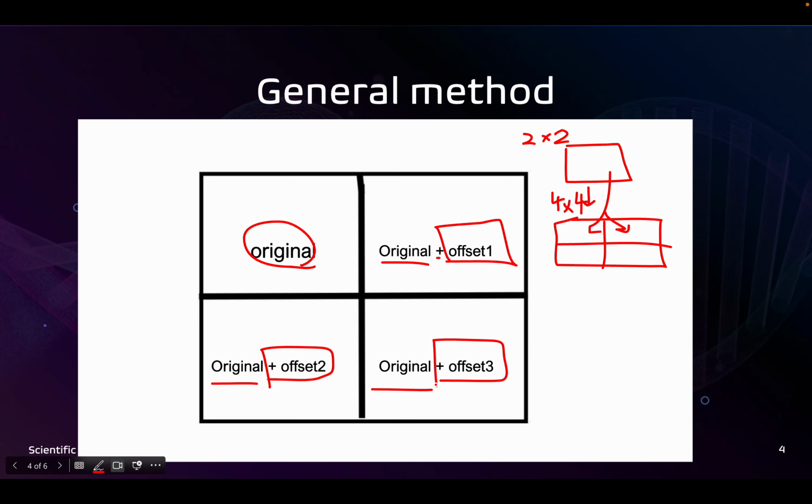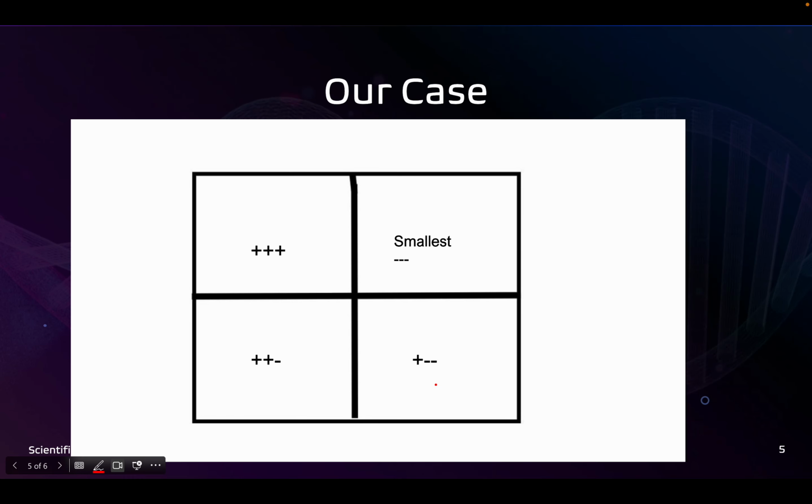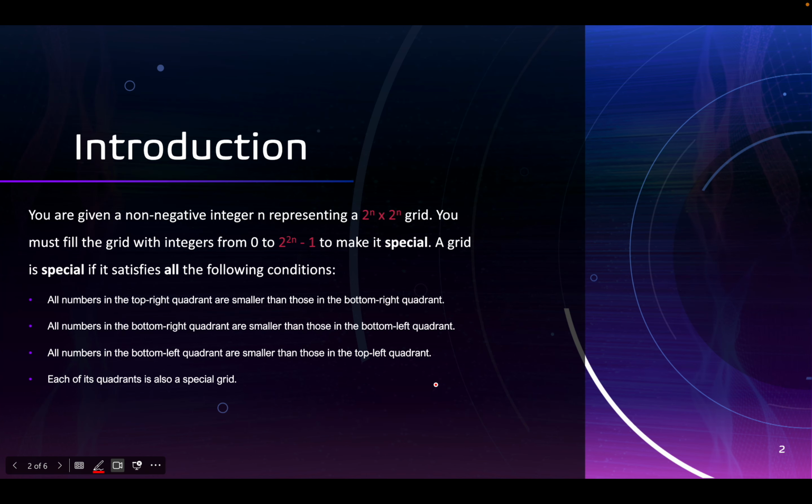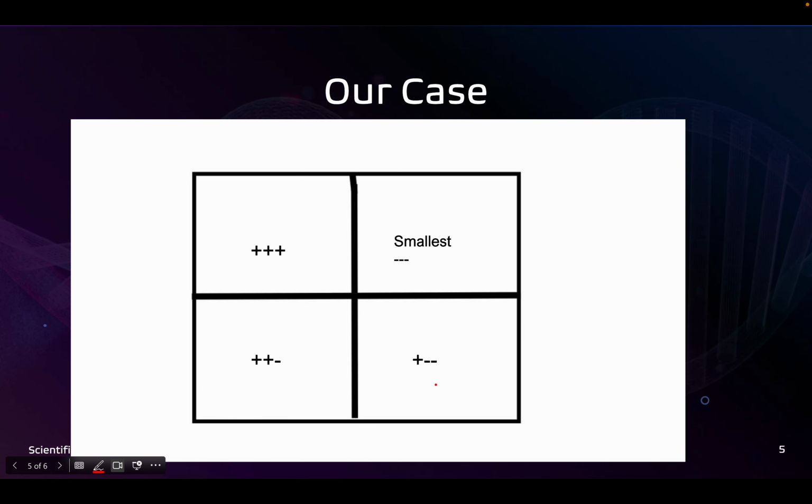Now, how do we solve our case? In our case, as you have seen before, it said that the top right quadrant is smaller than the bottom right quadrant. Bottom right quadrant is smaller than the bottom left quadrant. Bottom left quadrant is smaller than the top left quadrant. If we want to visualize this rule to better understand, it's the smallest one.